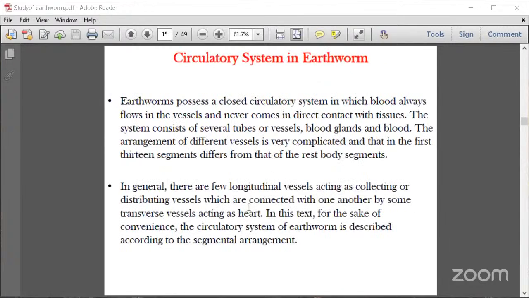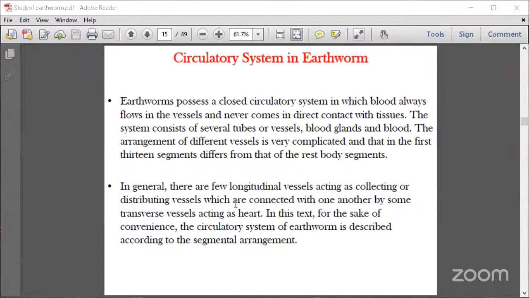Coming to the circulatory system, earthworms possess a closed circulatory system in which blood always flows in vessels, and never comes in direct contact with the tissue.